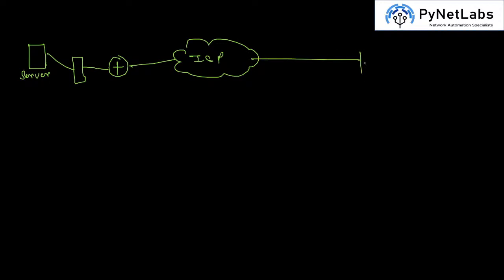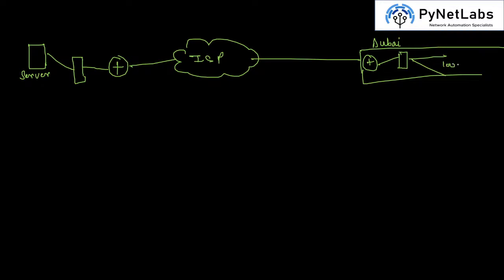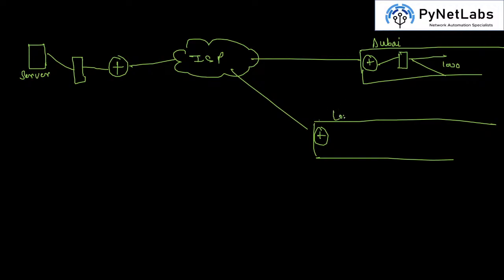Let's say I have a location in Dubai, and we have a switch there and around thousands of employees sitting there. Then we also have another site in, let's say, London, and there also you have employees sitting.